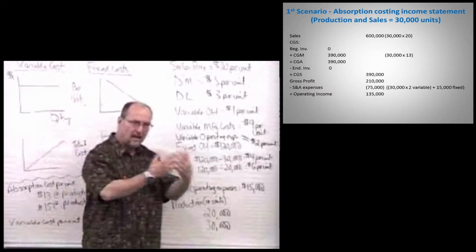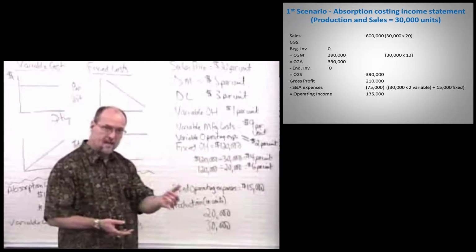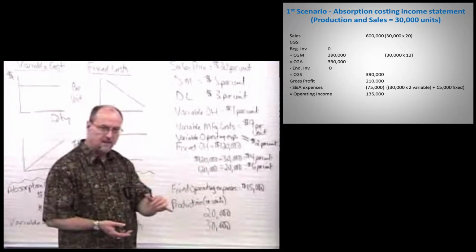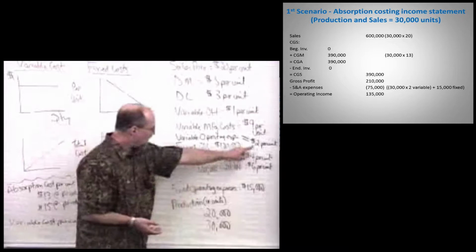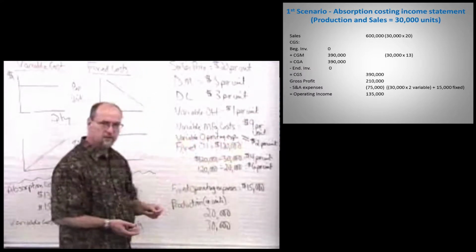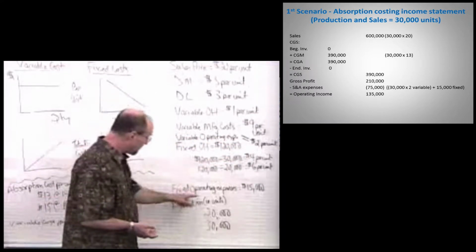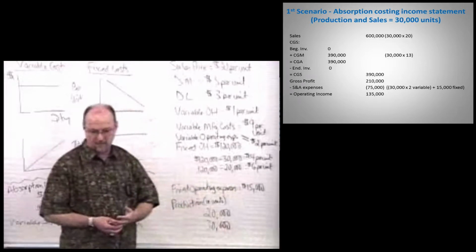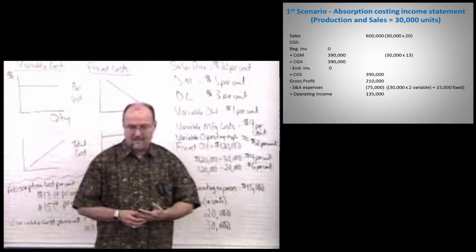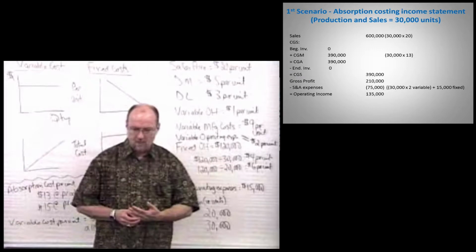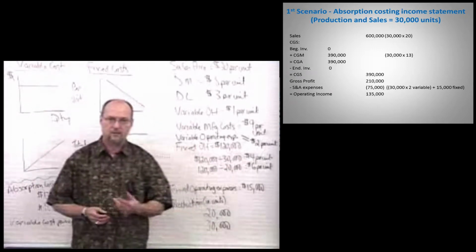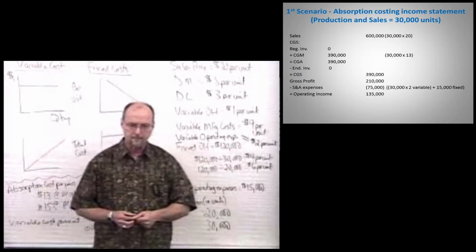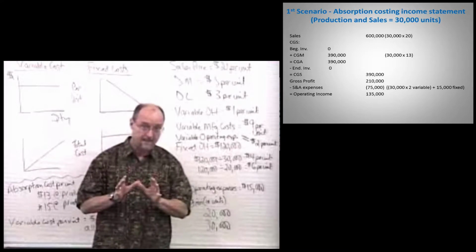My total operating expenses are broken down into variable and fixed: the variable portion is $2 per unit times 30,000 units sold, that's 60,000, plus the 15,000, $75,000. And that'll give us operating income of $135,000 under absorption costing. So $135,000, hang on to that number.